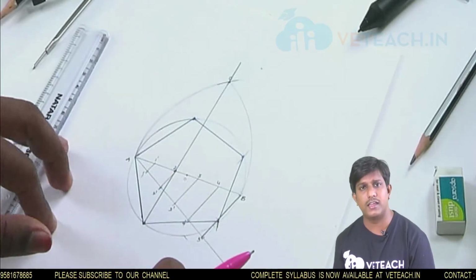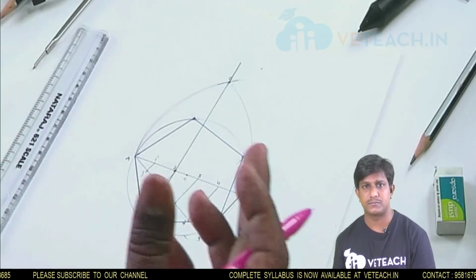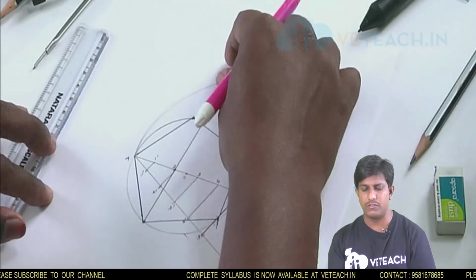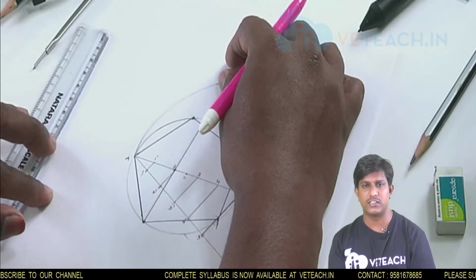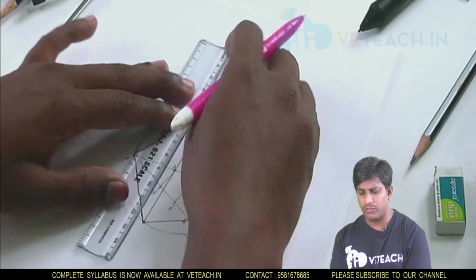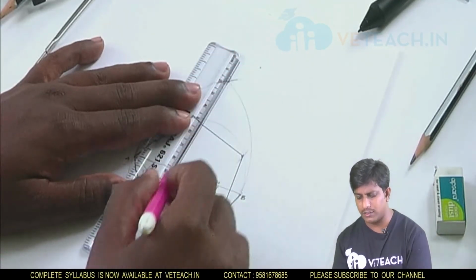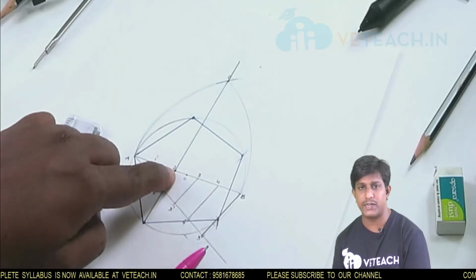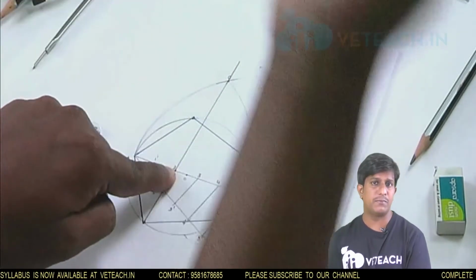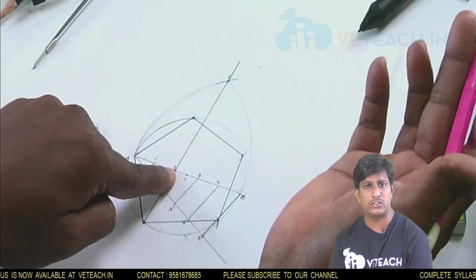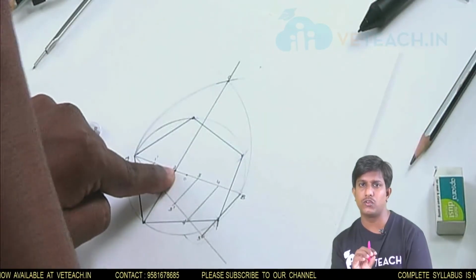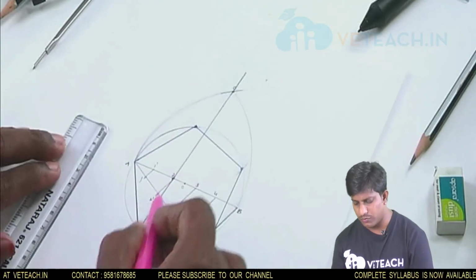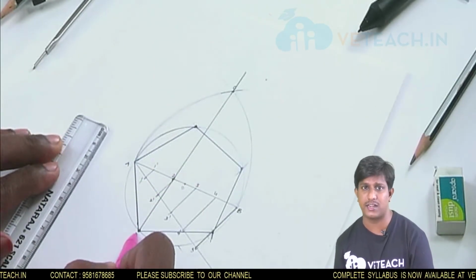After dividing the line into 5 or 6, draw an arc from A and an arc from B. We will get a point at the top. Then we join the line by touching point 2, and for the hexagon also we follow the same procedure, extending the line up to the circle.